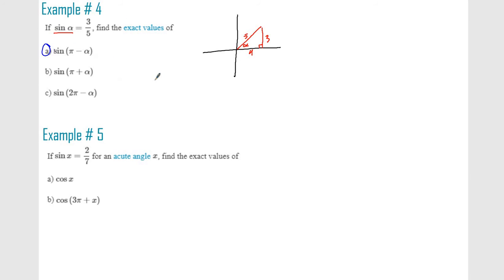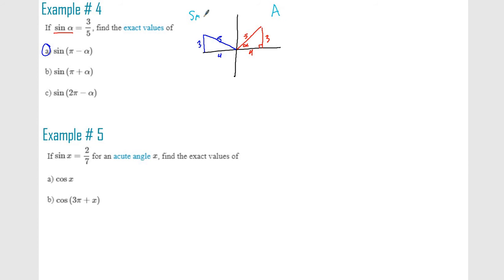So then I like to visualize. So now let's do A. Well, that's pi minus the angle. 180 minus that angle. So we're going to go up the 3 amount, 4, 5. And then I know I'm doing the sine of that angle. Well, this is where you want to remember your shortcut. All, oh, I'm sorry, not all.